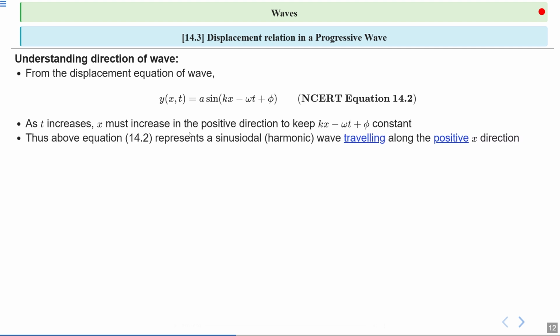Thus, the above equation 14.2 represents a sinusoidal harmonic wave traveling along the positive x direction. Remember, the sign in front of omega t is key. A minus sign means the wave moves in the positive x direction.